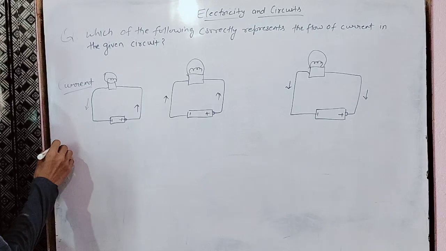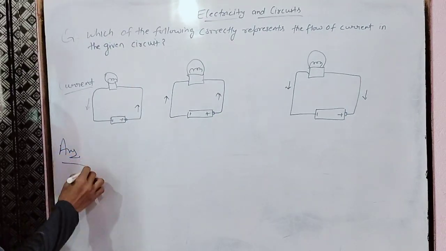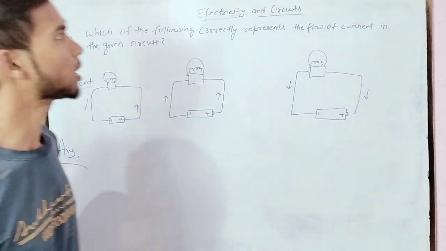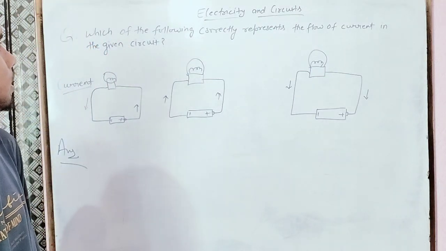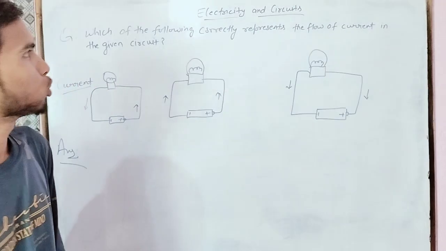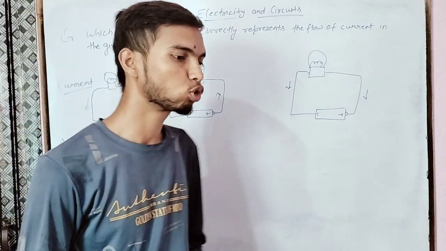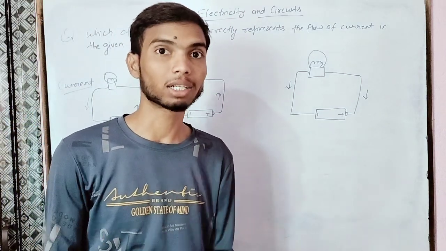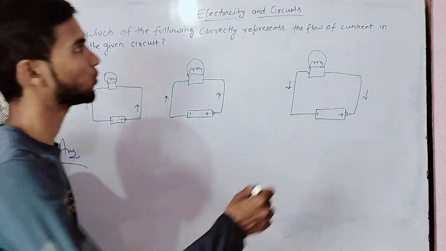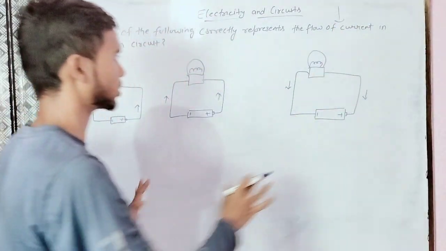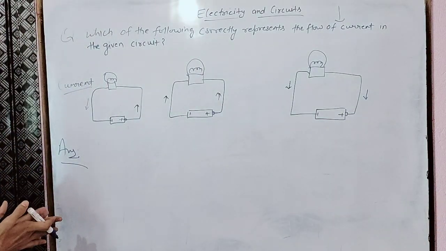We will have to answer which of the following correctly represents the flow of current in the given circuit. The flow of current should be in the correct way. You have to identify the flow of current in this figure. How to identify?